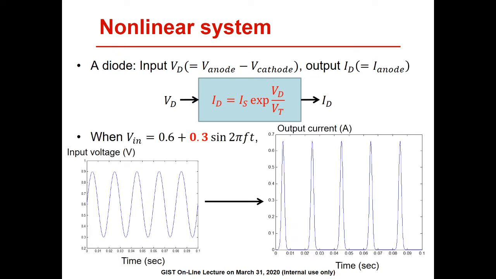When we apply a DC voltage of 0.6 volt and a 0.3 volt AC voltage, the output waveform is shown in the right figure. Is it sinusoidal? No. Due to severe nonlinearity, the waveform is highly distorted.